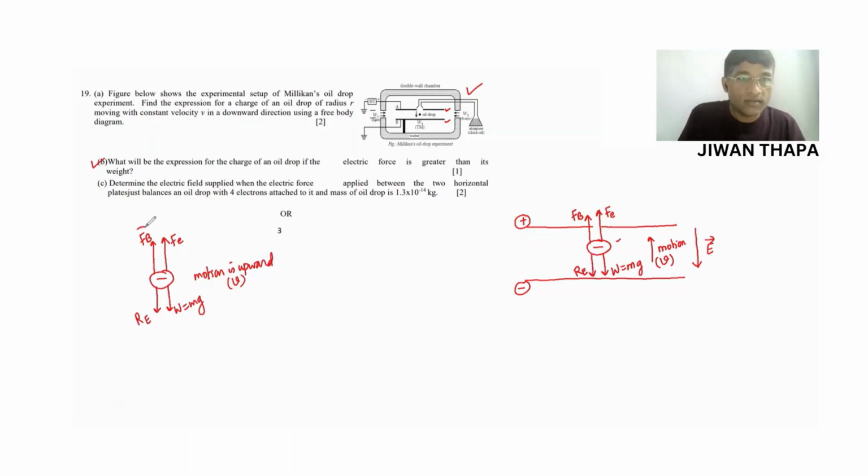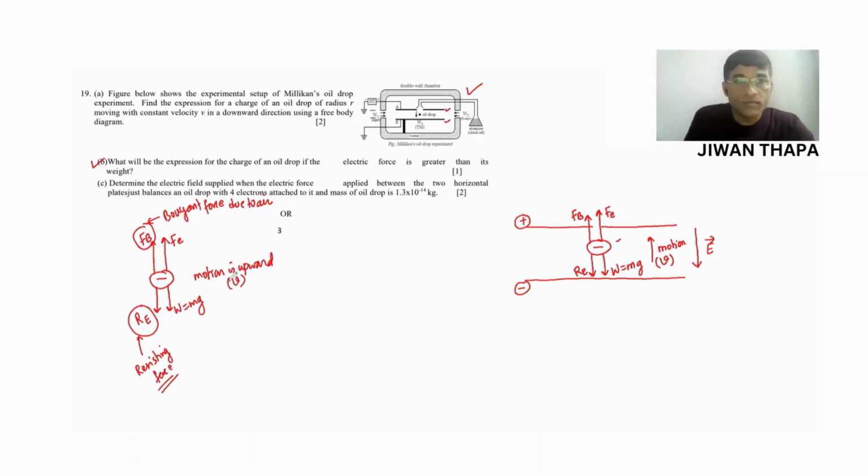So this is the buoyant force due to air, and this is the resisting force. This is to be noted.